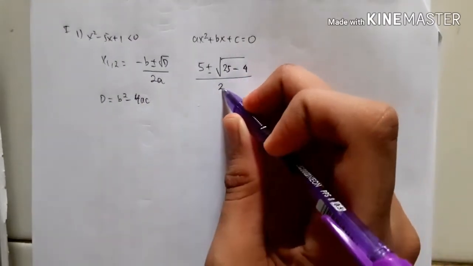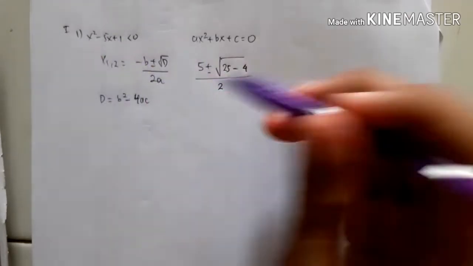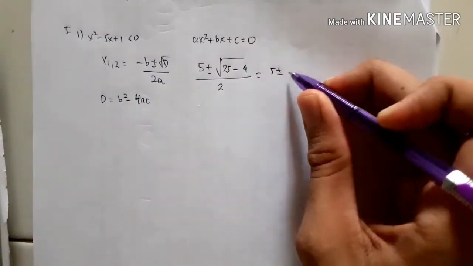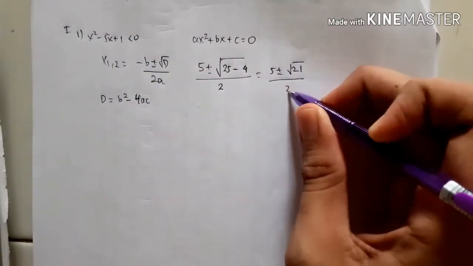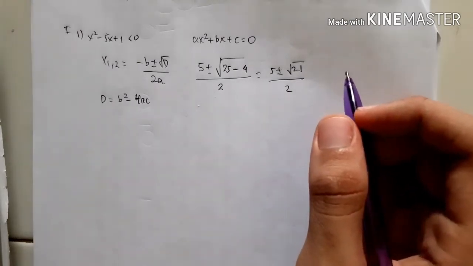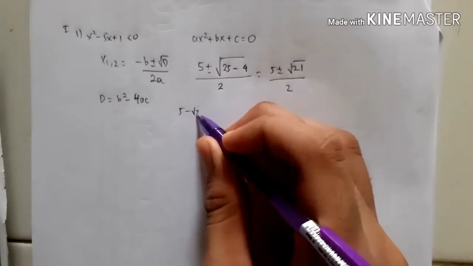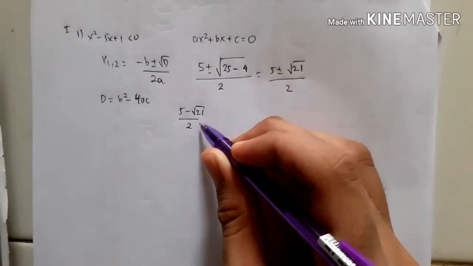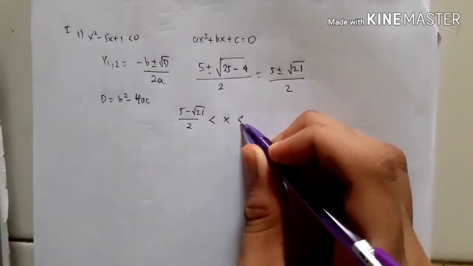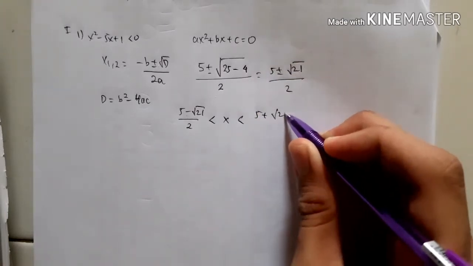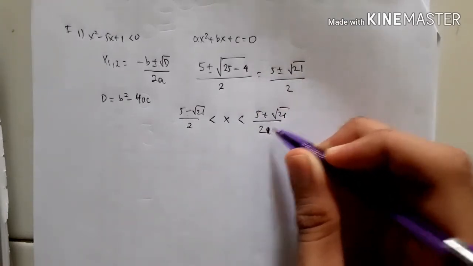We divide it by 2a, and a is 1. So that is 5 plus or minus the root of 21 over 2. From here we get the interval: 5 minus root 21 over 2, to 5 plus root 21 over 2.